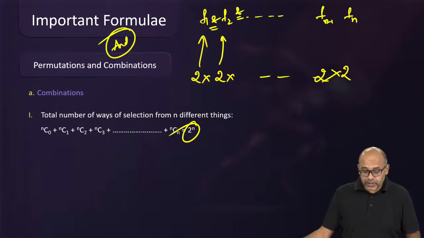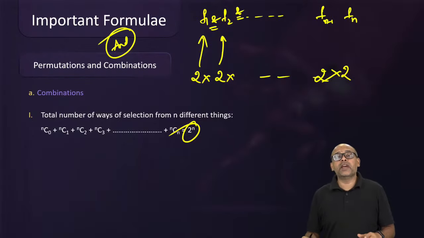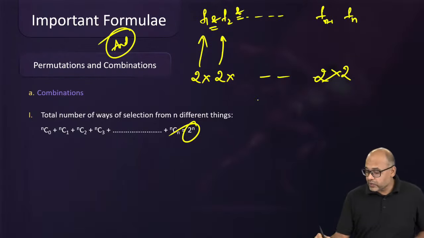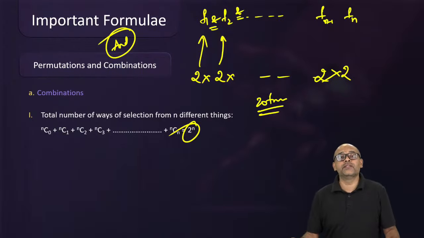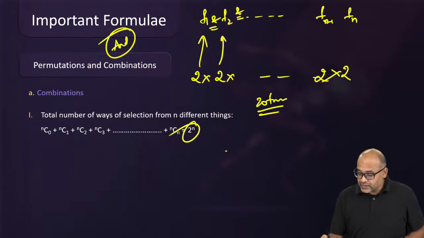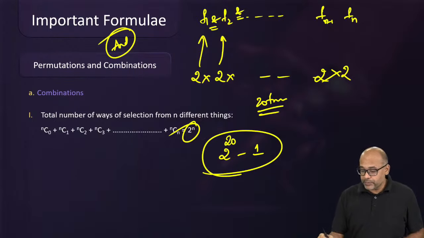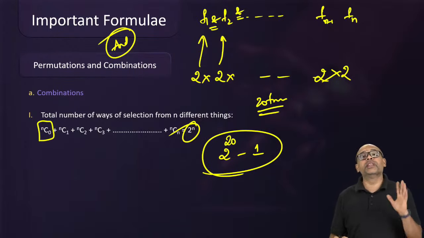Clear? So if I ask you, how many ways can you invite 20 friends such that at least one friend is invited to the party? At least one friend is invited to party. Then the answer is 2 power 20 but minus 1. Why minus 1? Because this is the case where nobody is invited.